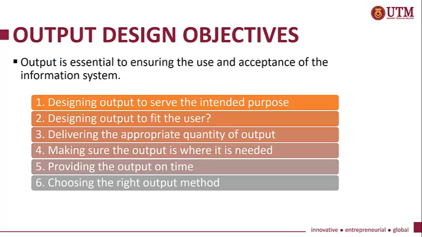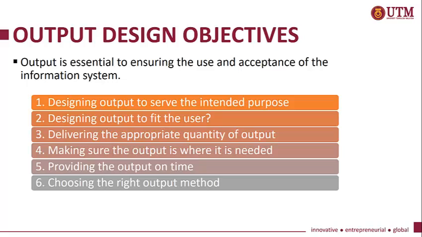The second objective is designing output to fit the user. It means you design meaningful output for the user. The design output must address what the user needs and what the user prefers.